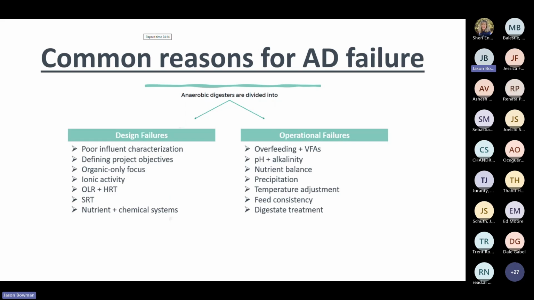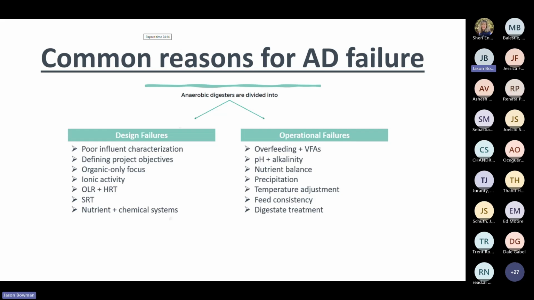Beyond that, we also have the organic loading rate, that is the OLR, and the hydraulic retention time, that is the HRT. One common assumption is that lower organic loading rates or longer hydraulic retention times are often better. But in fact, it can actually be harder to operate an underloaded system, that is something with too low of an organic load, versus an overloaded system.